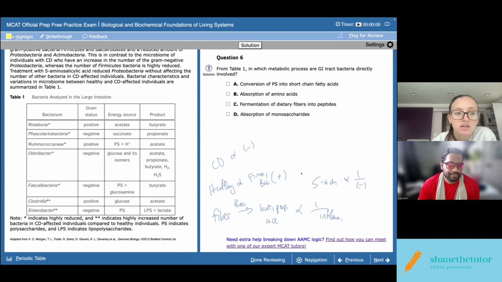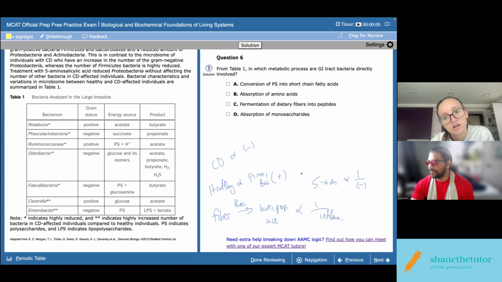Okay. Well, I don't think D is right because monosaccharides aren't usually absorbed. Polysaccharides are broken down into monosaccharides for them to be absorbed. I don't think that dietary fibers are usually fermented into peptides though.